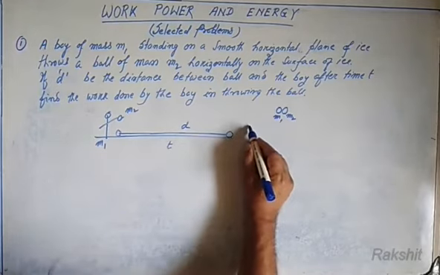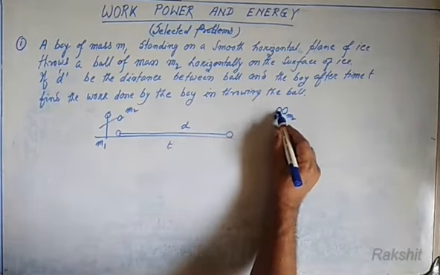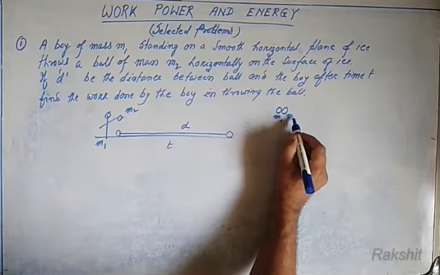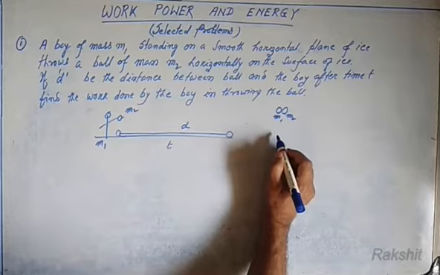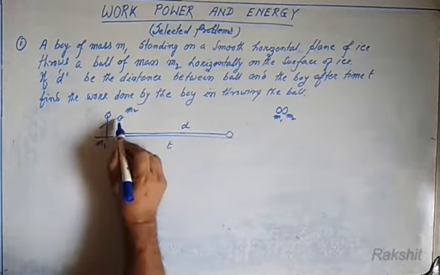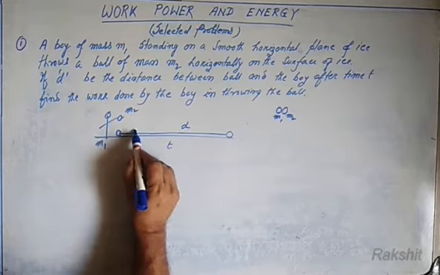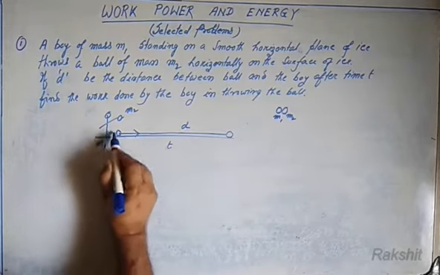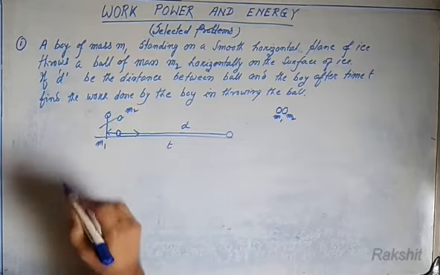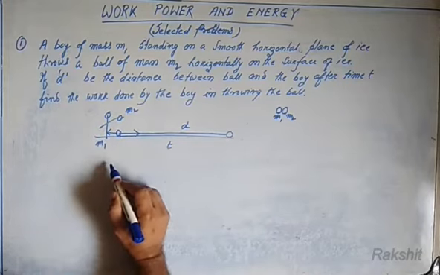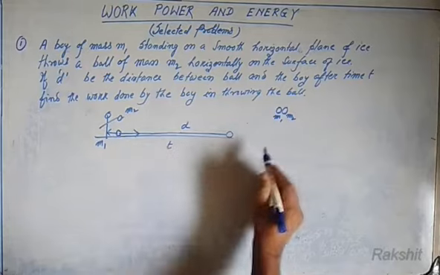So total momentum before throwing is equal to m1 into 0 plus m2 into 0, which is 0. But as the ball is thrown, the ball will move in this direction and the boy will move in this direction according to the law of conservation of momentum.